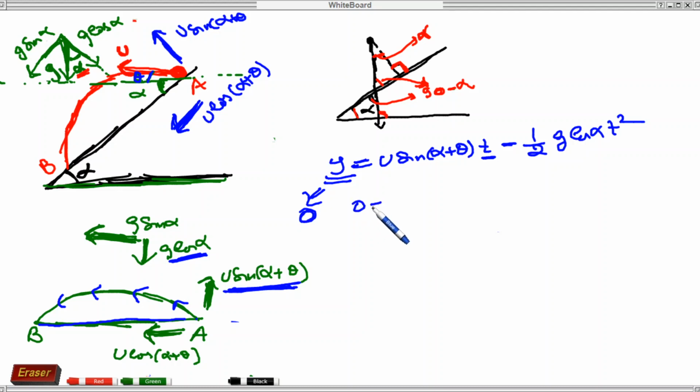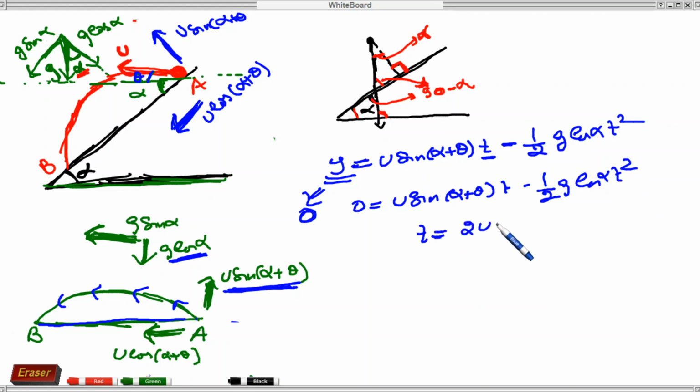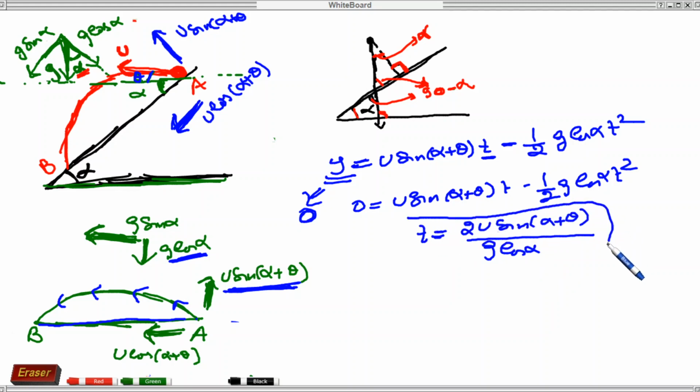So 0 equals u sin(alpha plus theta) t minus half g cos alpha t squared. So what would be the total time of flight? This will be 2u sin(alpha plus theta) over g cos alpha. So this is the total time of flight.